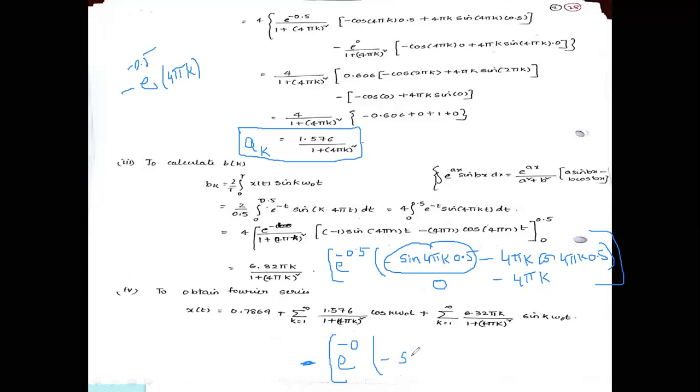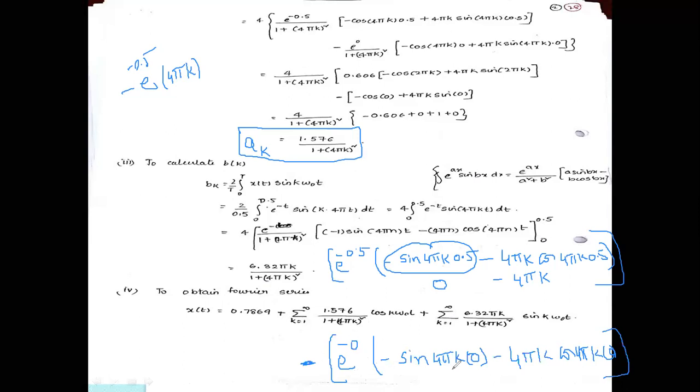Minus sin 4 pi k into 0 because the lower limit is 0, minus 4 pi k cos 4 pi k into 0. So after substituting the lower limit, you get this equation.